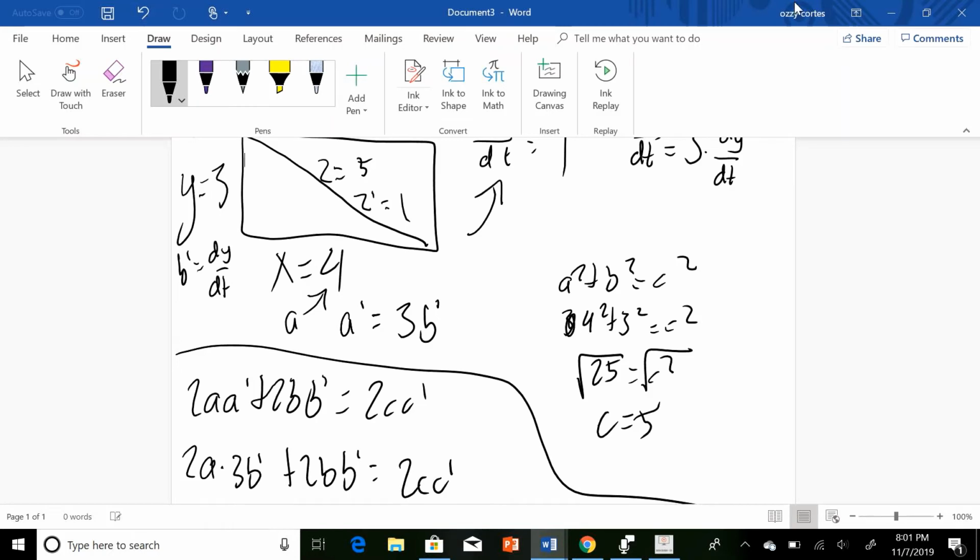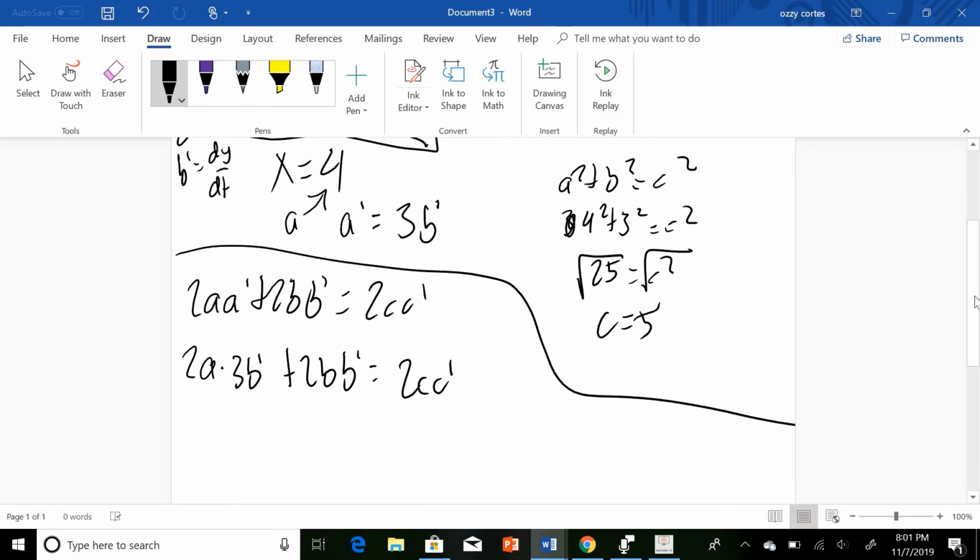So we can just plug in the numbers that we have. So 2 times 4 times 3b prime plus 2 times 3 times b prime equals 2 times 5 times 1.